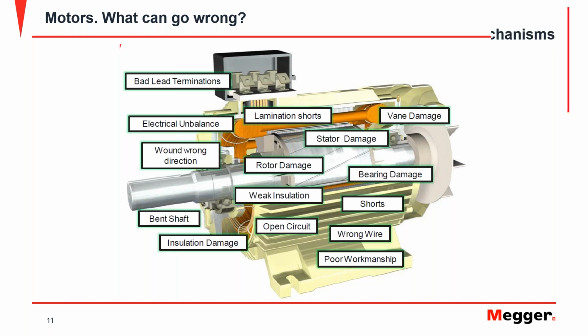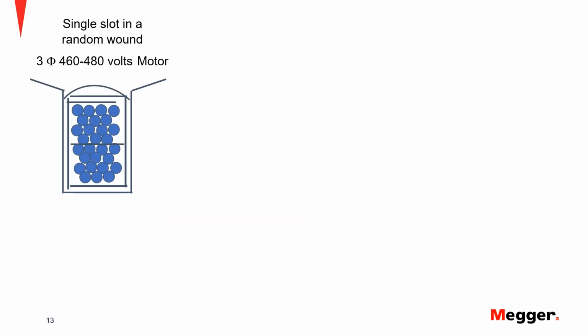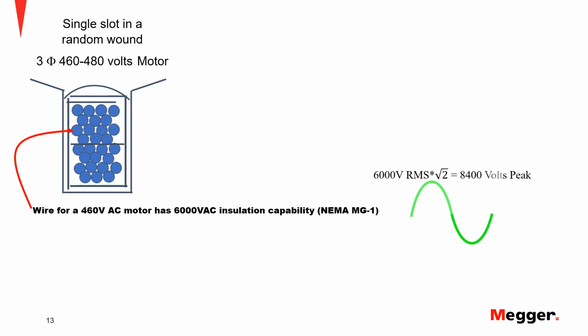So when it comes to failure mechanisms in the machine, let's first start by how much insulation a typical machine will have when it's constructed new. Let's say we have a 460 or 480 volts motor. When that motor is built, the typical insulation capability of the insulating material that we put on the conductor is around 6,000 volts AC, which comes down to 8,400 volts DC.